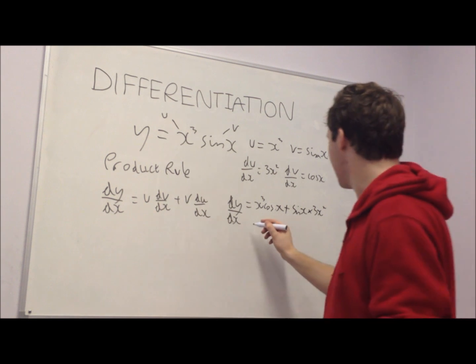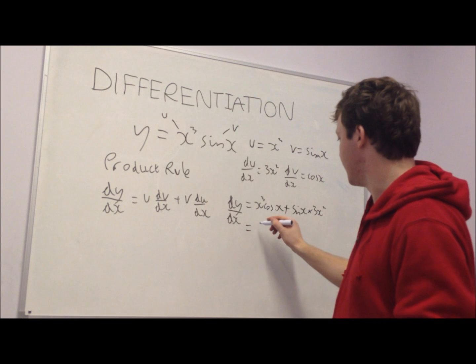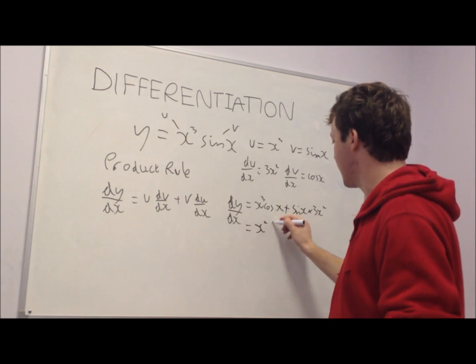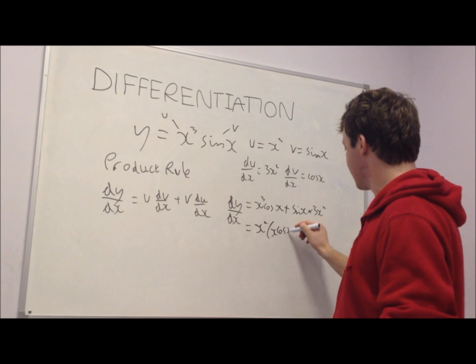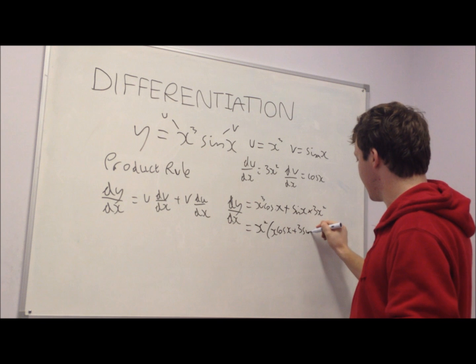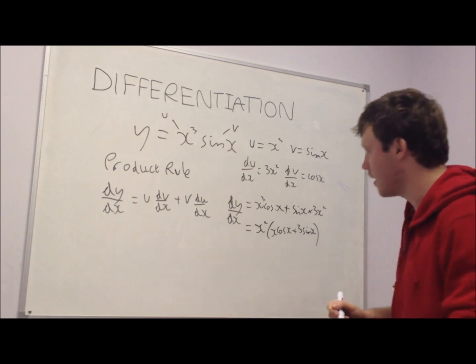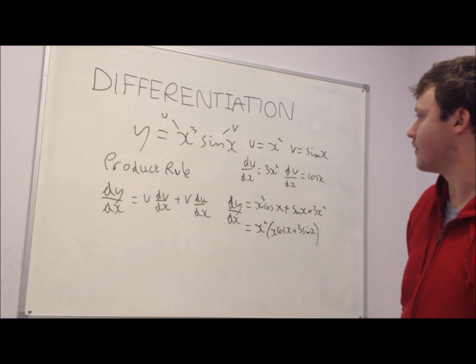We can just tidy that up, and eventually it gets to x squared, x cos x plus 3 sine x with a bit of algebraic tidying up. And that's how we evaluate products of two separate functions.